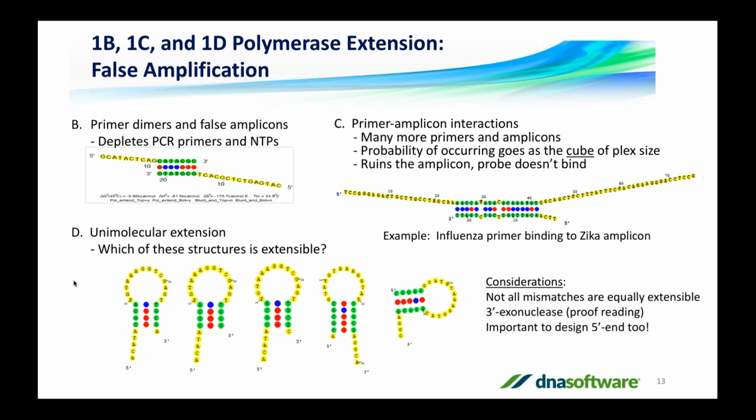First of all, some of the primers end with a mismatch at the end, and some mismatches are extensible and others are not. So for example, in this first case on the left-hand side, there's an AA mismatch. AA mismatches are generally not very extensible. So even though this is a thermodynamically stable hairpin, this particular hairpin is unlikely to be problematic for PCR.